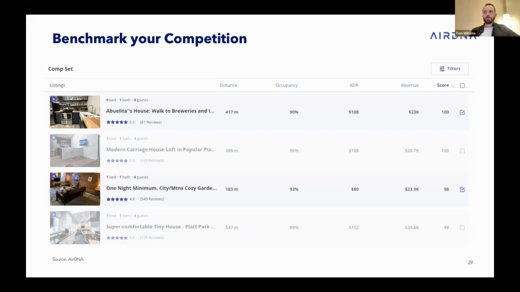You can see how they're performing, and are you matching this? If not, why? Is it something to do with how far away you are from one another? If it's a beach location, is your property too far from the beach? Do you need a hot tub, for example? Analyzing the differences in these properties will give you the answers to why potentially you're making less a month compared to your competitor.